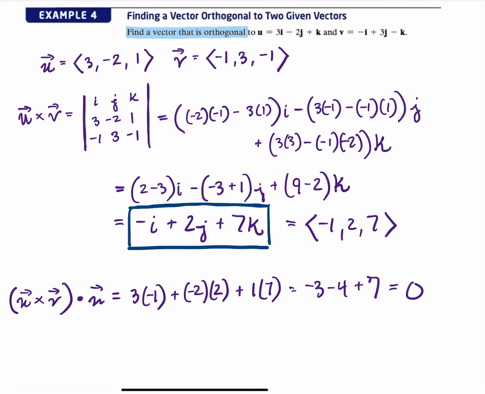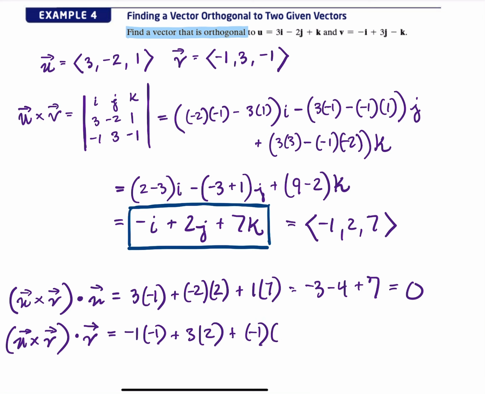So let's do the same thing with the second vector. So let's find u cross v dotted with v. So that would be negative 1 times negative 1 plus 3 times positive 2 plus negative 1 times positive 7.